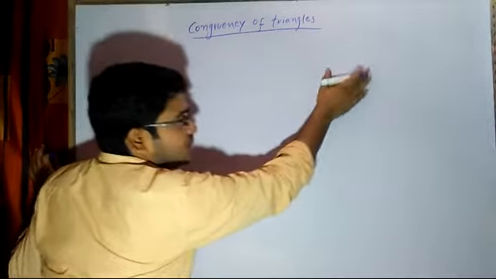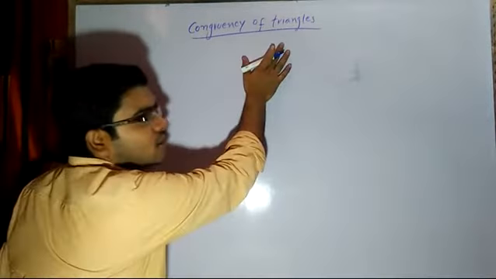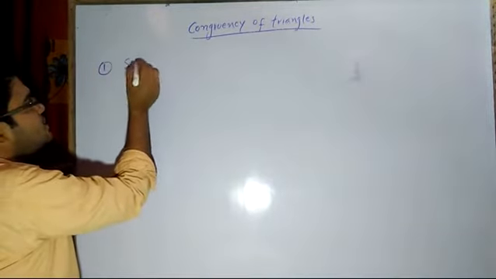Now what are the criteria on which we can say that two given triangles are congruent? The very first method is side, side, side.